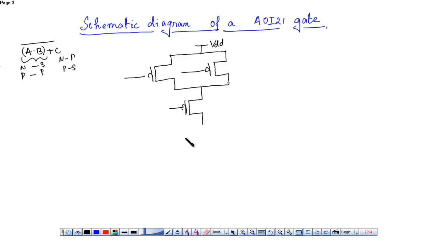And just the reverse will be the pull down circuit, that is the first two inputs will be in series and the third input in parallel.